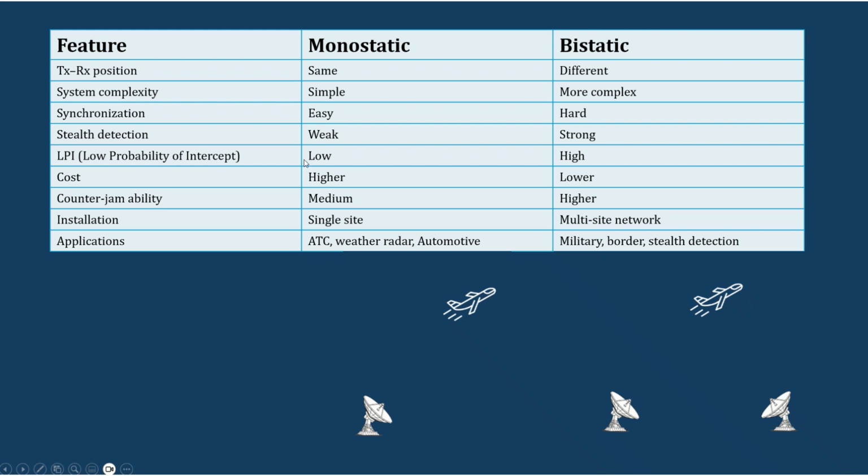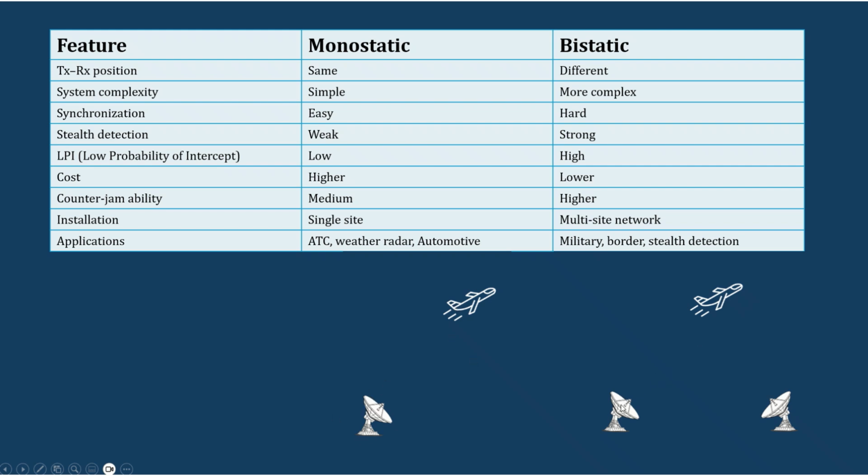So in the monostatic case, when the wave from this radar is hitting the target, this target can definitely get an indication about where our radar is. So here the probability of intercept is very high because this target can get an indication about where this radar is.